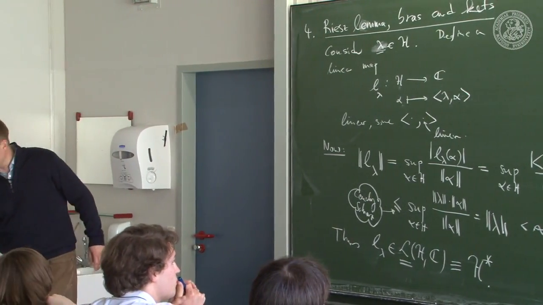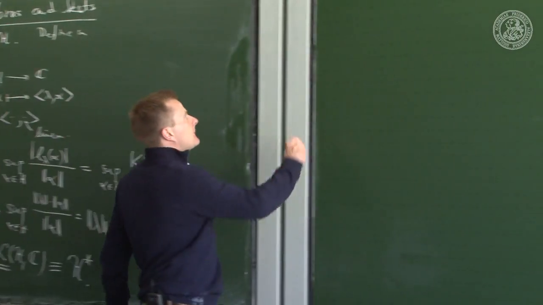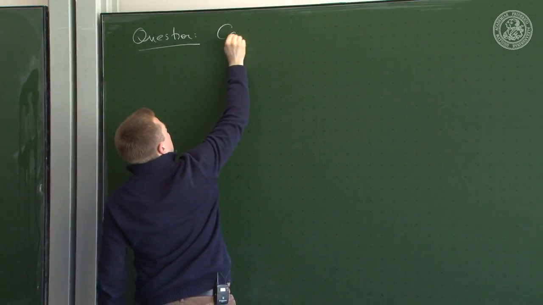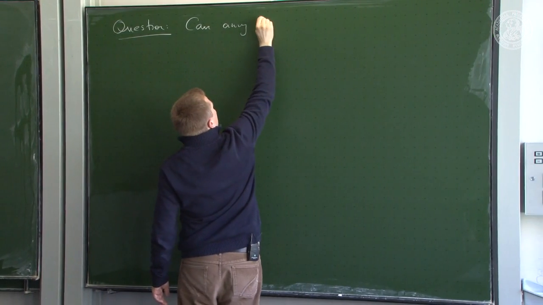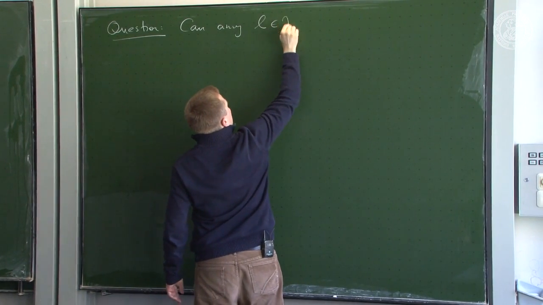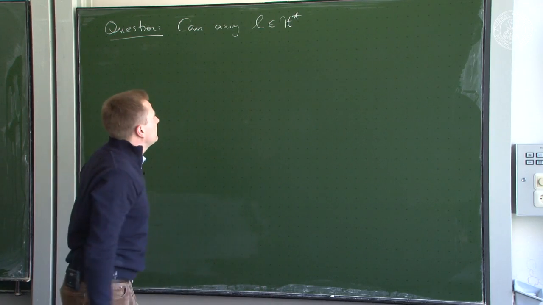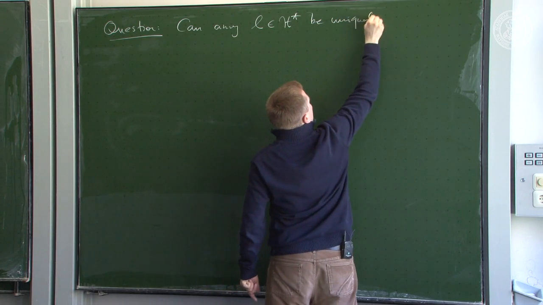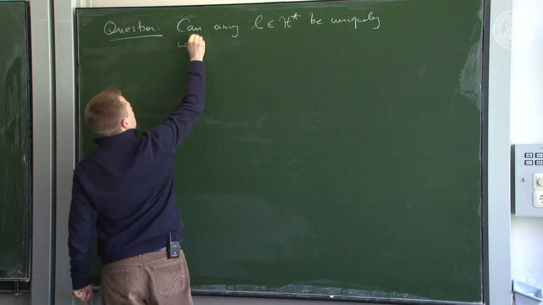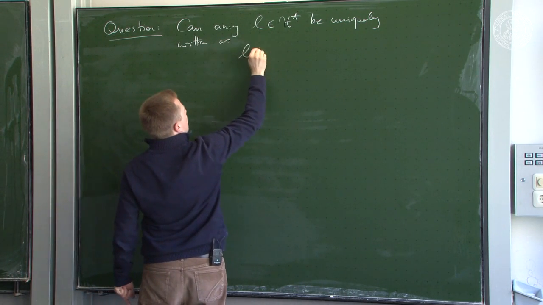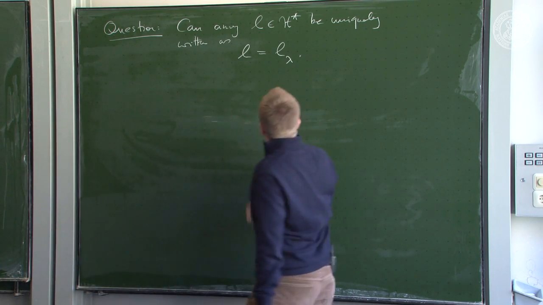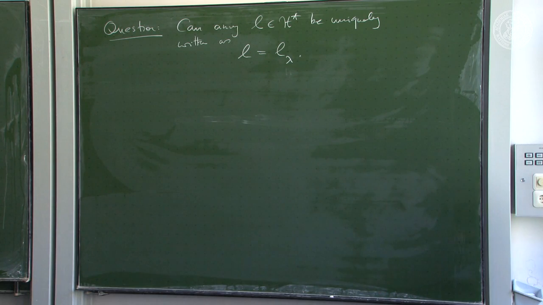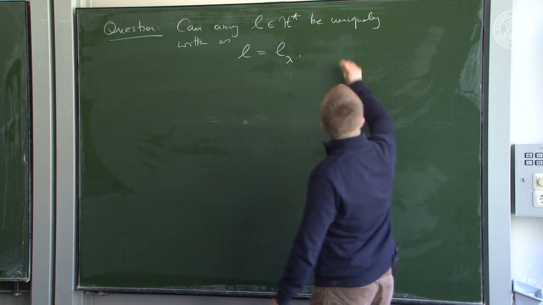Well, the question is, can any L in the dual space, so can any bounded linear functional from H to C, be uniquely written as L sub lambda for some lambda? L sub lambda is the construction we just made. Can any bounded linear functional be written like this uniquely?